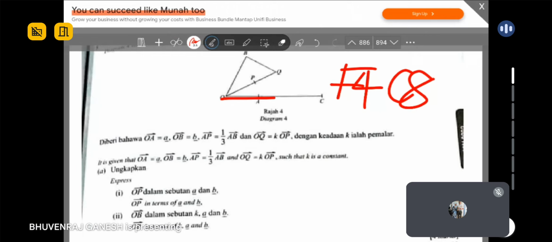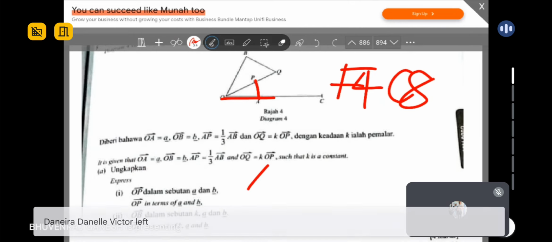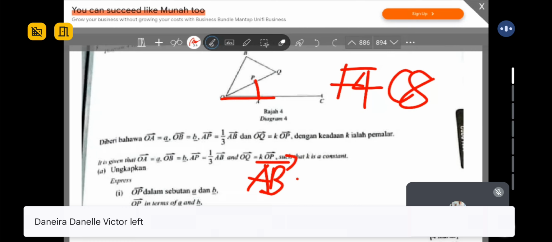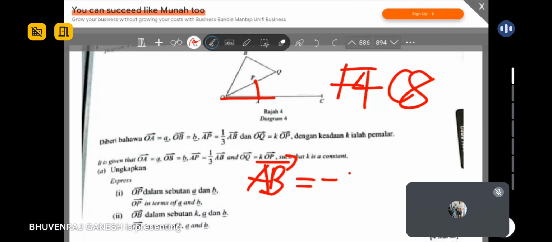Okay, so OP is equal to OA plus AP. Betul? Ini adalah kombinasi dia. Okay, so OA, you already have this information. Kamu dah ada persamaan ni. Okay, and then AP is equal to 1/3 AB, guys. Okay, so may I know, AB sama dengan apa, guys? AB is equal to AO plus OB.